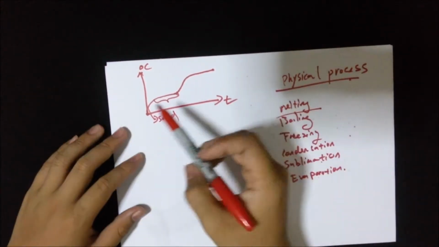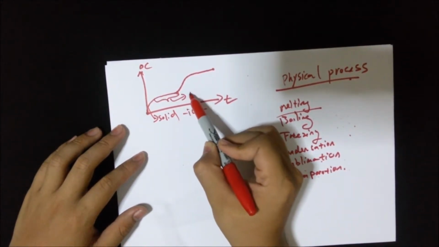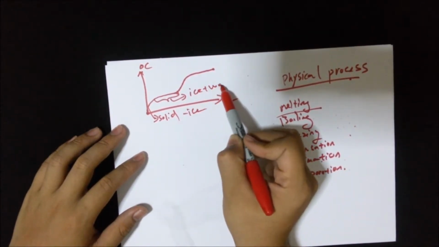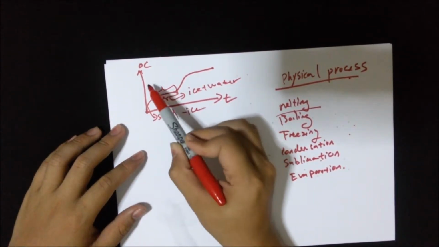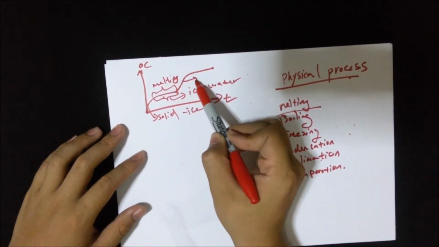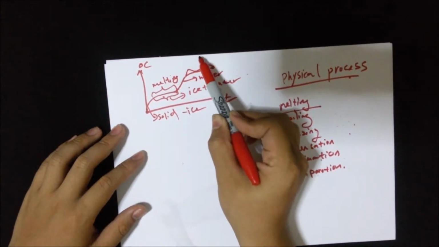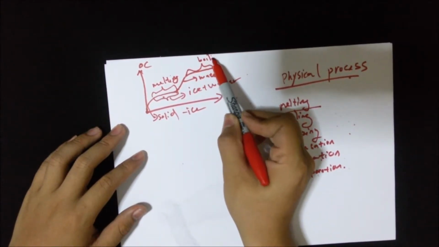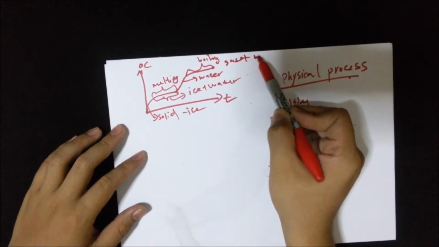Let's take water for example. It will be solid, which is ice, and at this stage it will be ice plus water. This process that is happening here right now is called melting. That means ice is being melted into water, and at this stage it will be water, and at this stage it will be boiling. This is the boiling stage whereby it will be gas plus water.